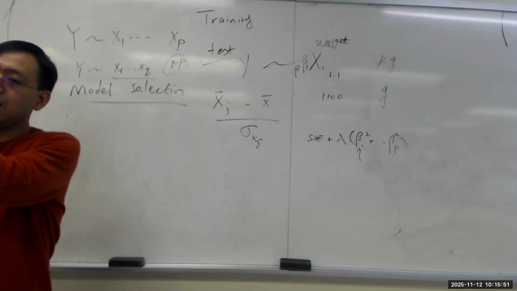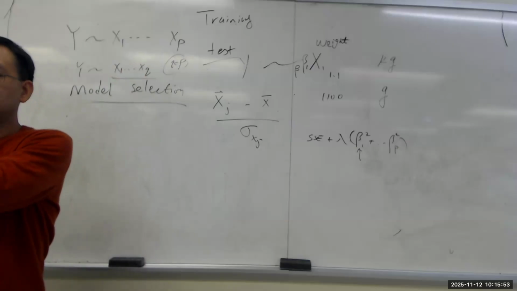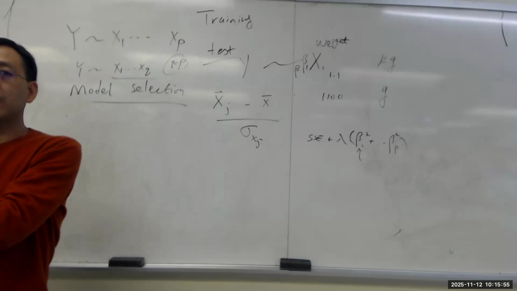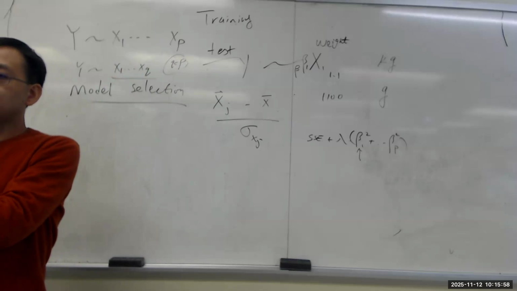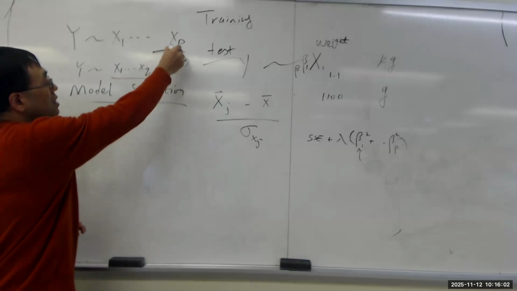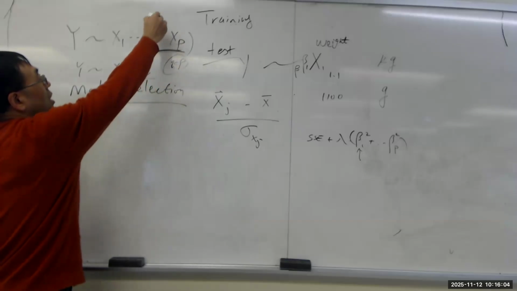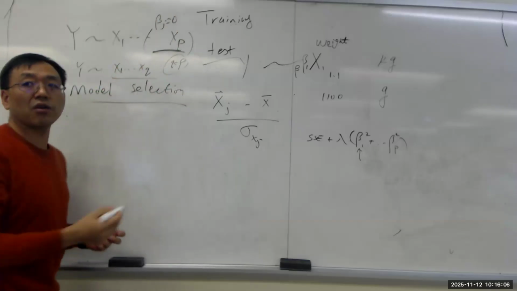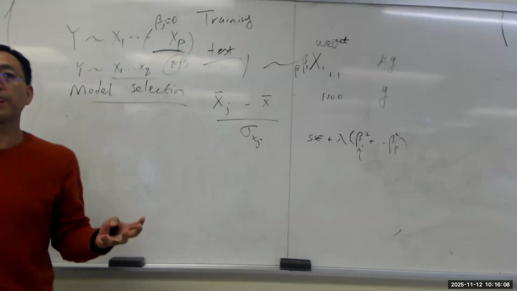Basically we leave out another subset of x. Leaving it out has the same effect as saying the beta for this set of parameters equals 0, their coefficient equals 0.